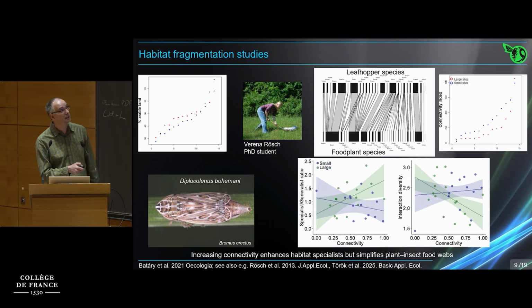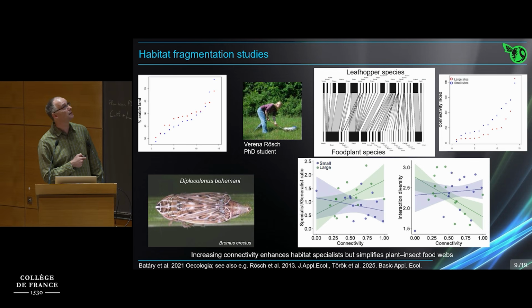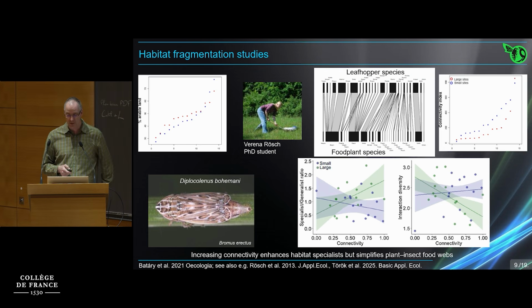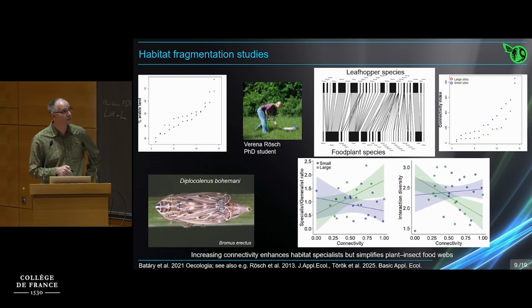And therefore, I could create for all fragments such a network. And we had fragments small and large, and they were embedded in agricultural landscape. And then they also had a gradient of connectivity. So what Verena found, my PhD student, is that if we have large fragments which are better connected, then there are more and more specialist species.